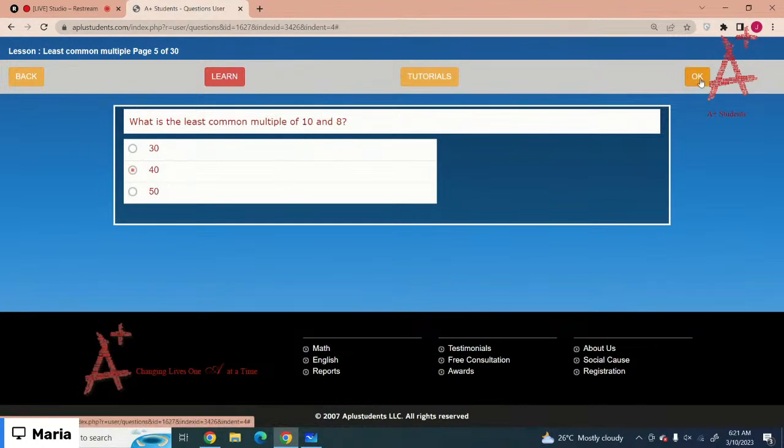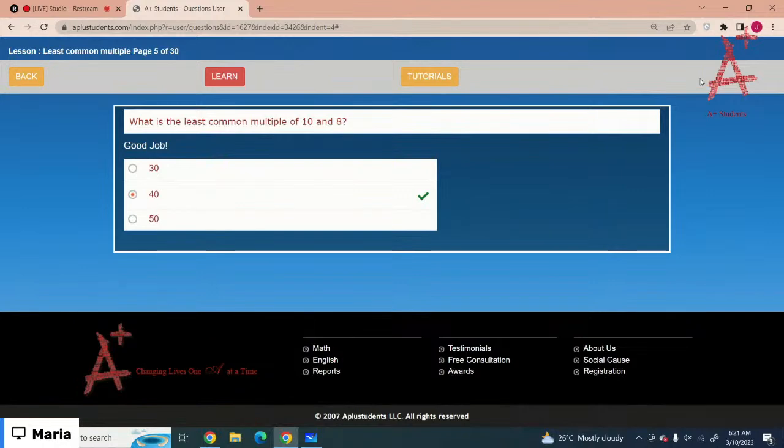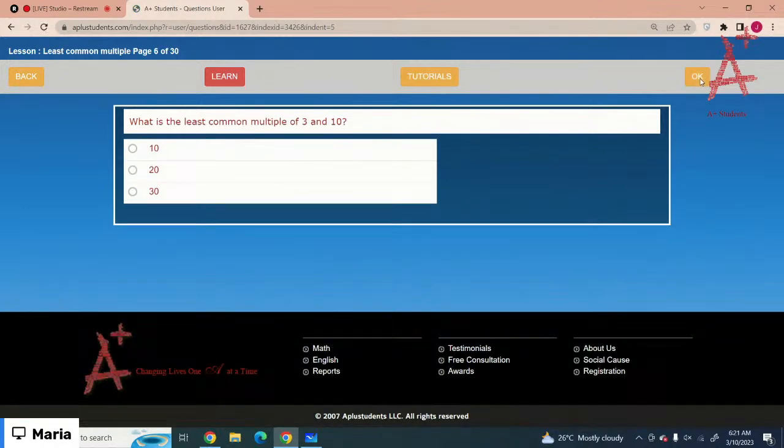One easy way to calculate, if you are given options, let me tell you an easier way. You can select the number that is divisible by both numbers. For example, for the least common multiple of 3 and 10, the given options are 10, 20, or 30. The number that is divisible by both 3 and 10 is the least common multiple.